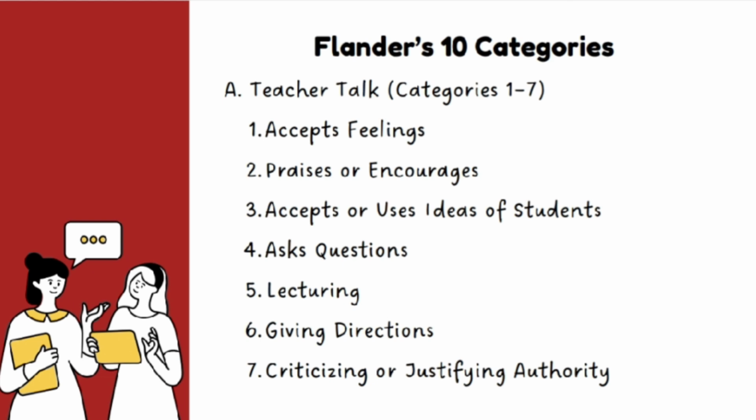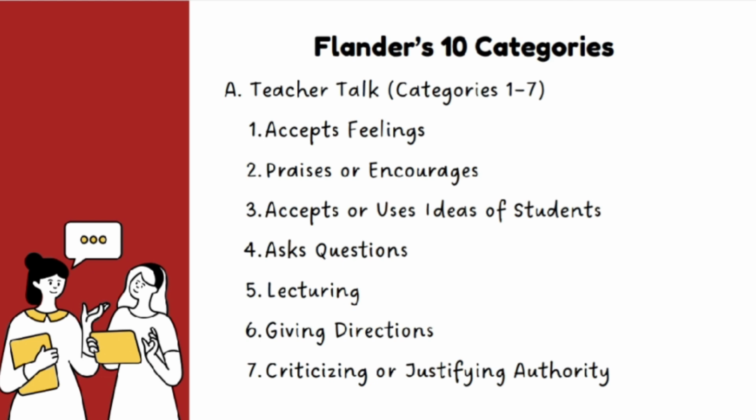The fourth one is asks questions, where the teacher asks questions to check understanding or provoke thinking. Fifth is lecturing, where the teacher explains, gives facts, or provides information. Sixth is giving directions.